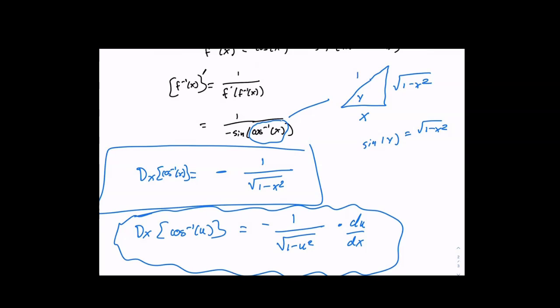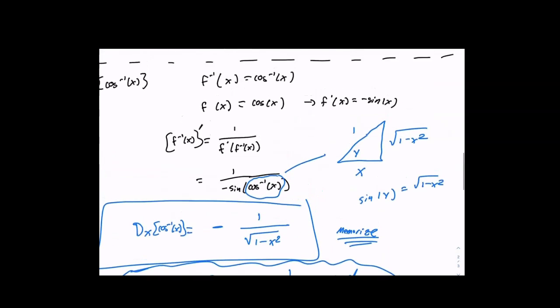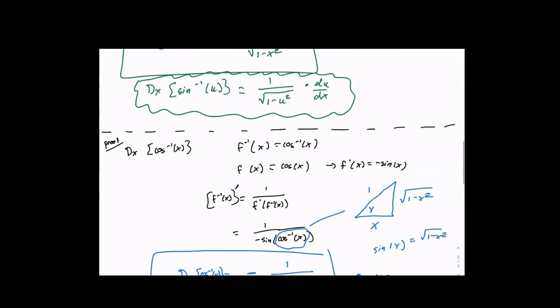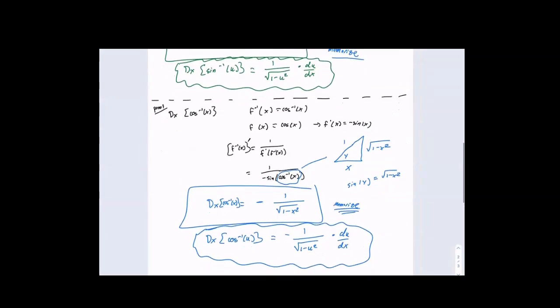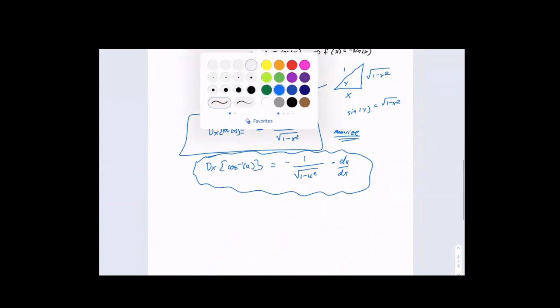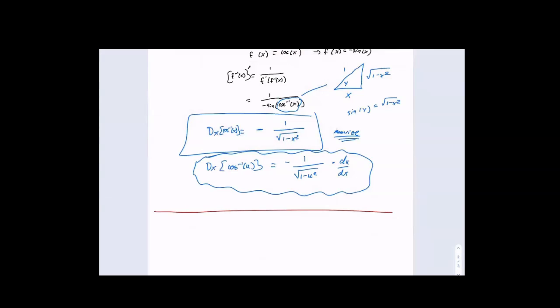More importantly, this is a memorization. And this is a memorization. Okay, so memorize those two. And finally, the other one, I'm just going to tell you what the answer is. We could prove it the same way, but just like I said, it's just a memorization.